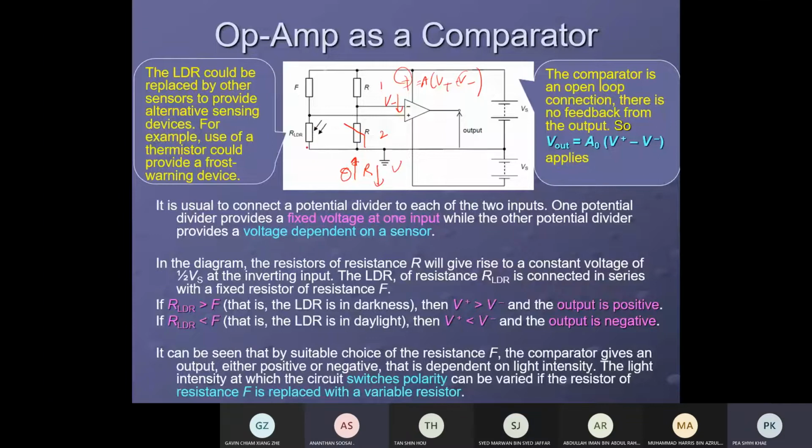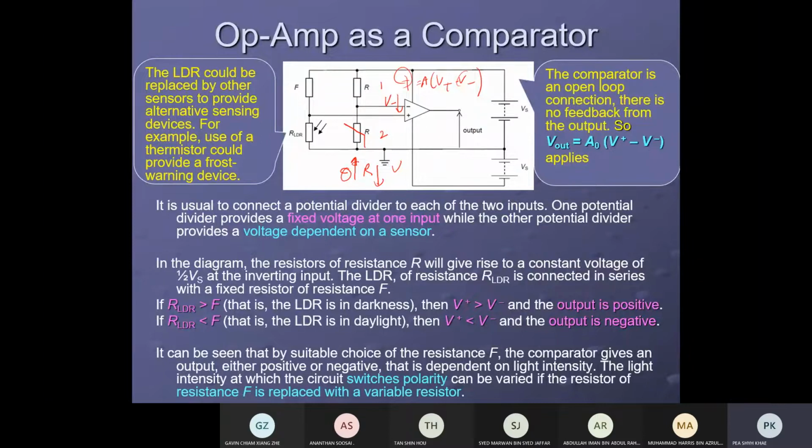Teacher, for the thermistor, isn't it needed at number one? Because when the temperature increases, the resistance decreases, then the voltage becomes smaller, and the second resistor's voltage becomes higher, and this will cause the output to be positive.